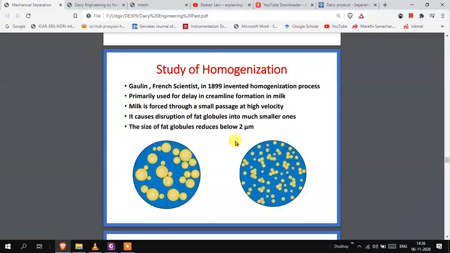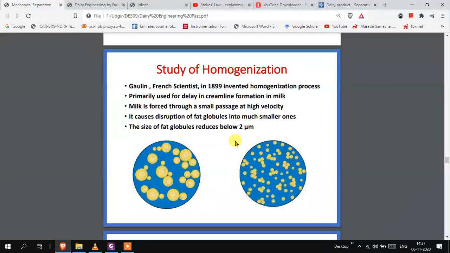First of all, it will delay the cream formation, it increases the surface area, it reduces the curd tension, and it is substantially used in ice cream mix preparation, because it homogenizes the whole mass of the ice cream mix uniformly, by which the quality of the ice cream mix improves substantially, and you will get a better ice cream mix upon freezing.